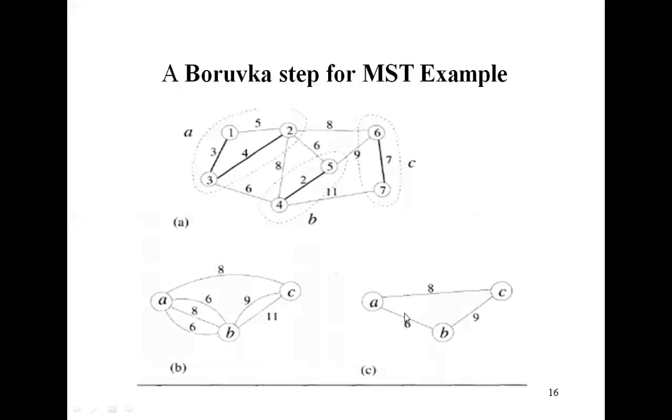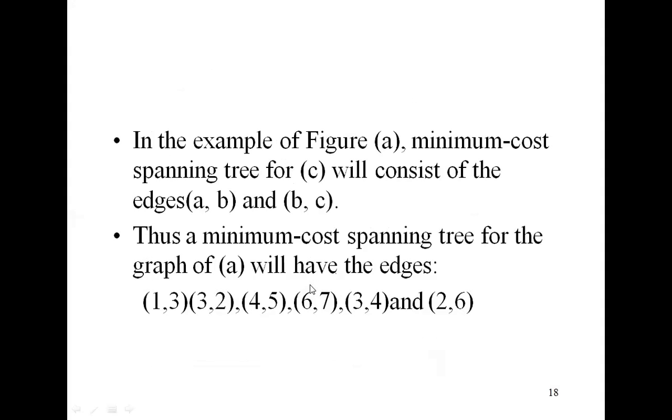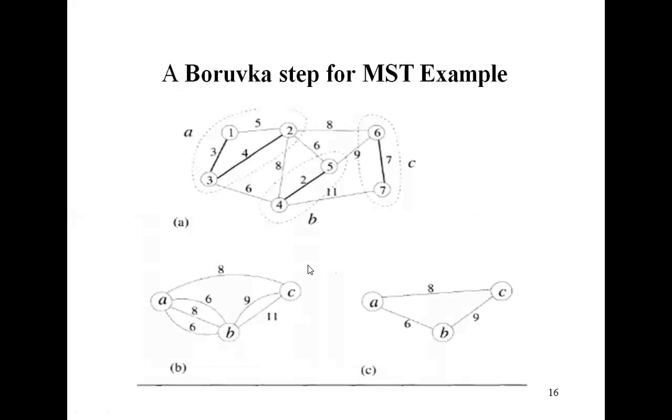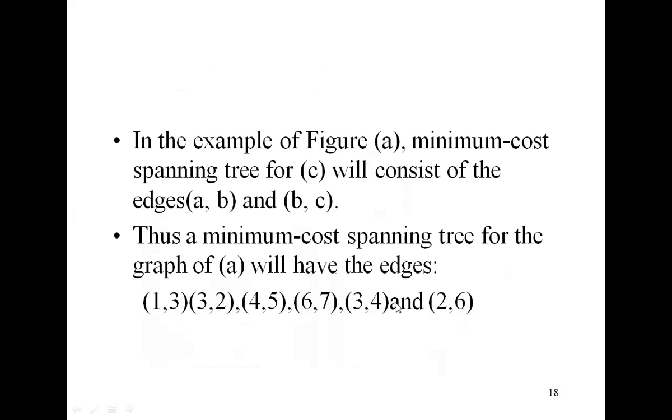B means in the figure, 4 comma 5. So that particular 4 comma 5 is written here. Now in the original figure, we have C. C means 6 comma 7, so we are using here 6 comma 7.